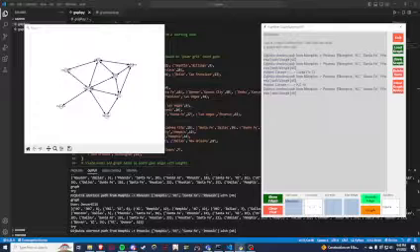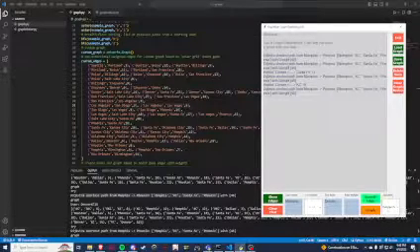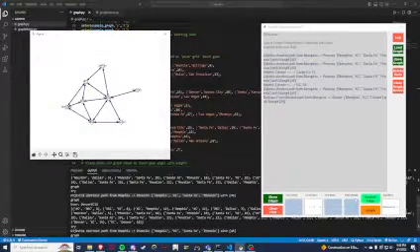Memphis to Denver, and this time we'll choose Bellman-Ford's. The main difference between Bellman-Ford and Dijkstra's algorithm is that Bellman-Ford can deal with negative weights, but to demonstrate its functionality, it should only graph if there are no negative weights. So now we can graph, and there we go.